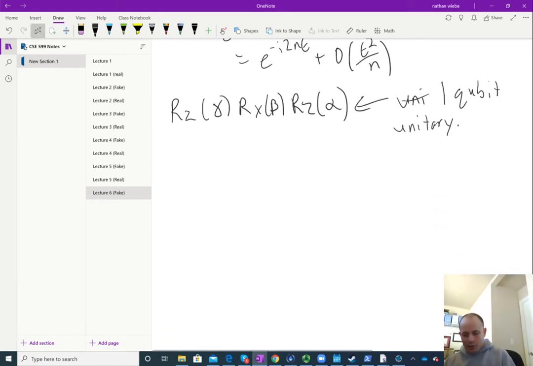All right, so any one qubit unitary can be built by that sequence. And so that is how we end up building single qubit rotations out of this.